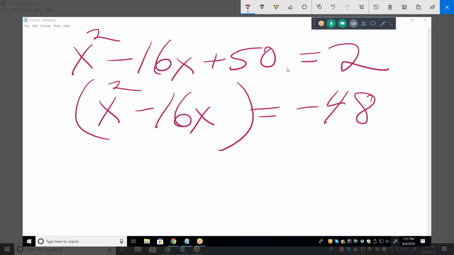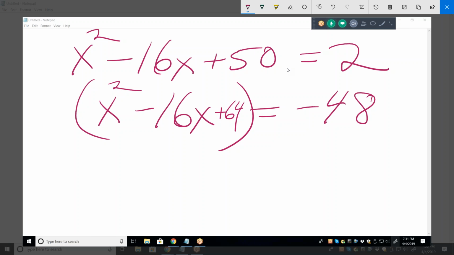What is that? What's half of the coefficient of the x term? 8, and then squared is 64. Okay, and it's always added. Because even if it's negative 8, like this case, when I square it, it becomes positive.